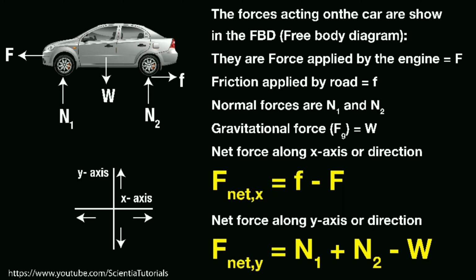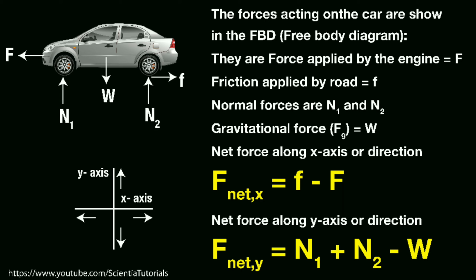Then what about the net force in the vertical direction, or the y-axis direction? Here up and down we take as the y-axis. Gravitational force always acts downwards, and normal force always acts opposite to the gravitational force.